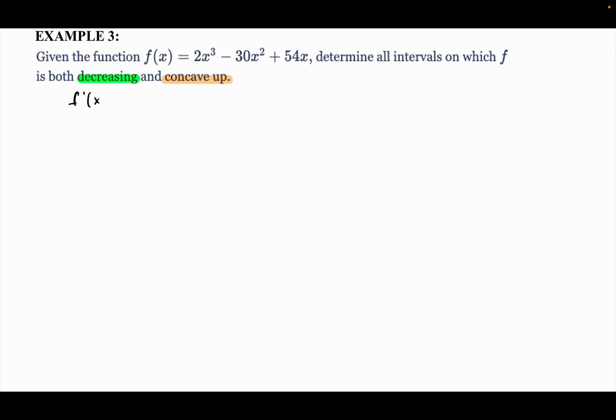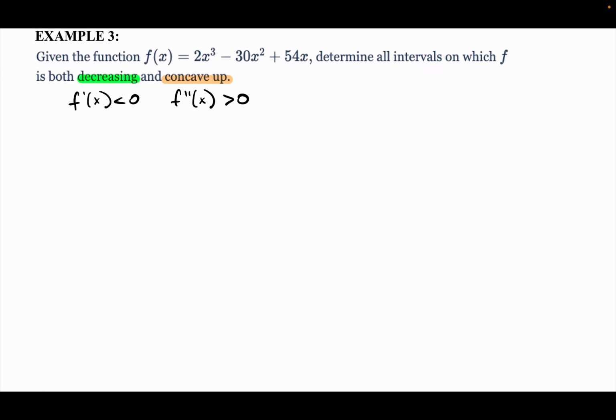First derivative is negative. Good. First derivative is less than 0. Good. What's my justification for concave up? We just did that. Second derivative is positive. So we want to figure out where f has first derivative negative and second derivative positive.